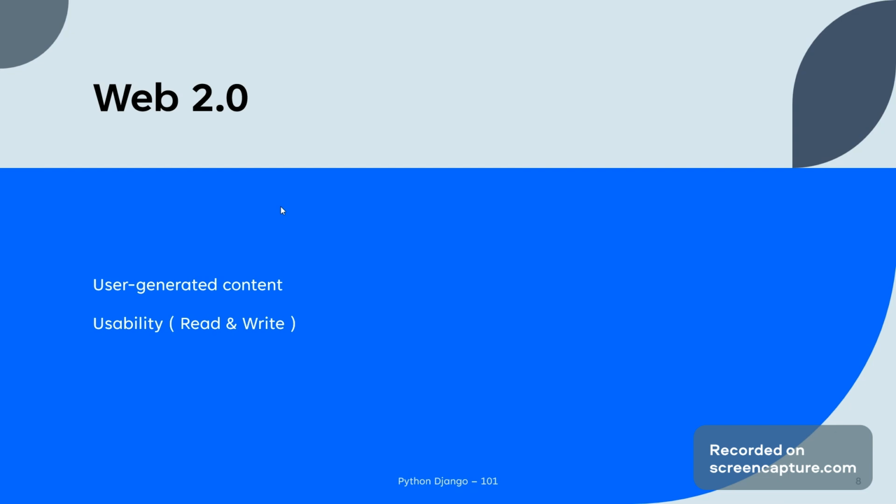Okay, before moving on to Web 3, we talk about Web 2.0. In Web 2, users can generate content, and it is read and write. Examples of Web 2 are Google, Facebook, and Twitter. It is dynamic with huge updates, and we can see that every website is in Web 2.